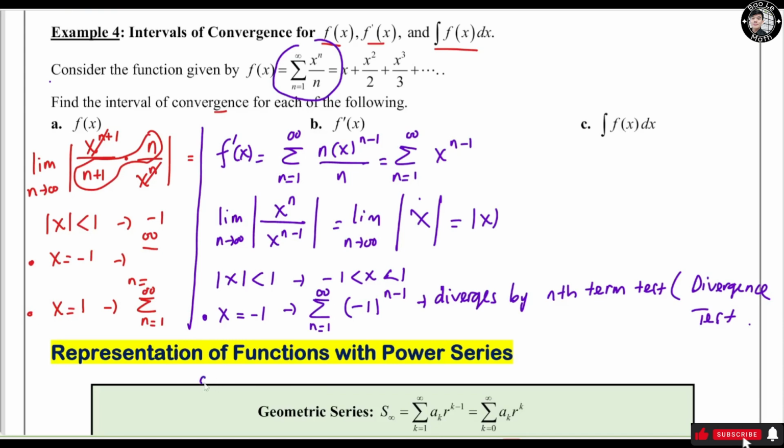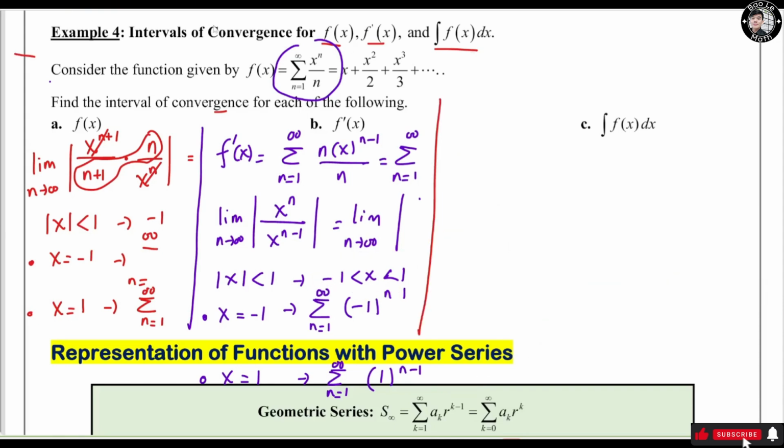Now we're going to check s equals 1. So it turns out to be the series n goes from 1 to infinity of 1 raised to the n minus 1. It's still the same, it still diverges by the nth term test or divergence test. So finally, your answer should be this one only.